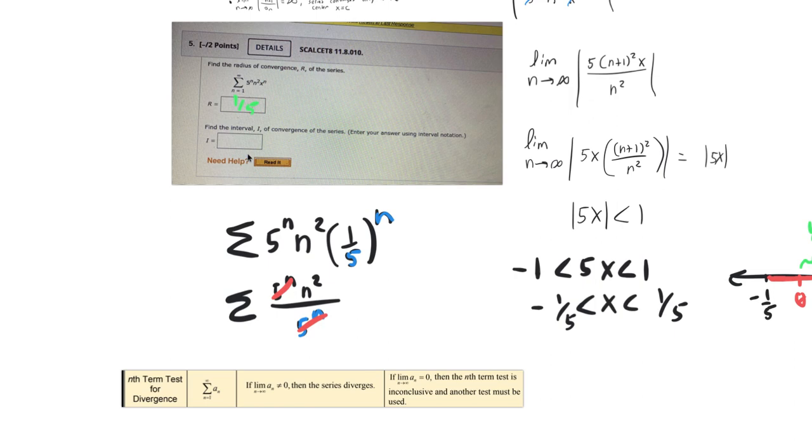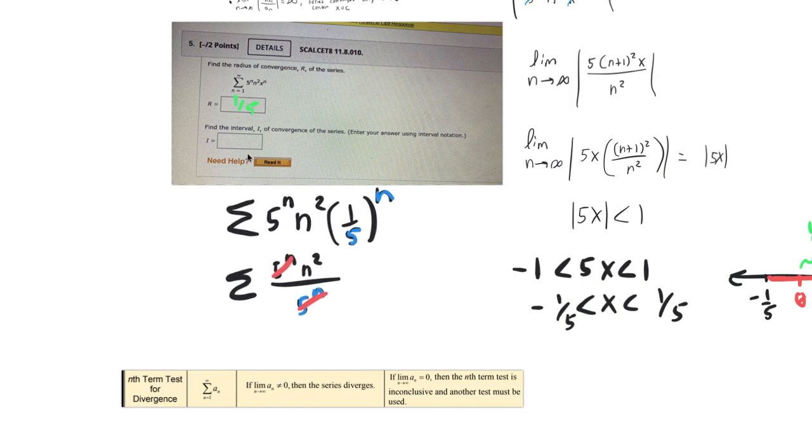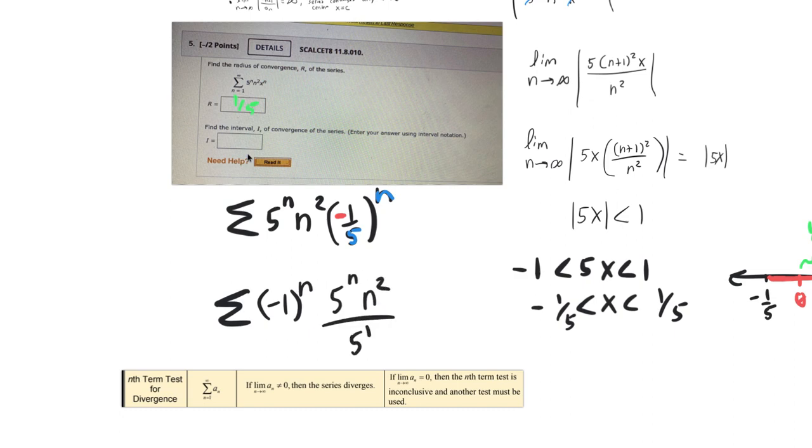And if we were to substitute negative 1/5 in there, that would be the final step in the process. So substituting negative 1/5, well, in a way that would sort of result in a slightly similar situation, only this time you would have a negative 1 being raised to the n, and that would be times 5 to the n times n squared all over another 5 to the n.